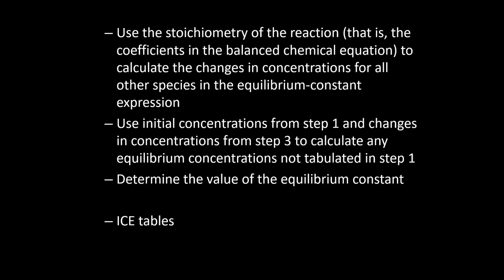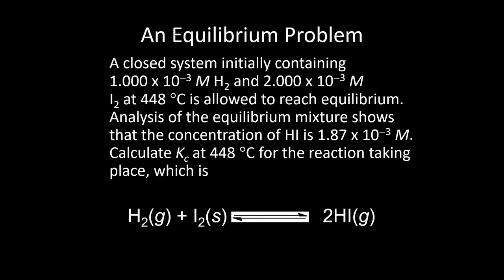So we're going to do this quite a bit, actually, both in this chapter and in the next two chapters. ICE tables are going to be very, very handy for us. I have a few bullet points here talking about how we're going to go through this process, but I think it might actually be easier to just jump into an example and show you what I'm talking about, rather than describing it.